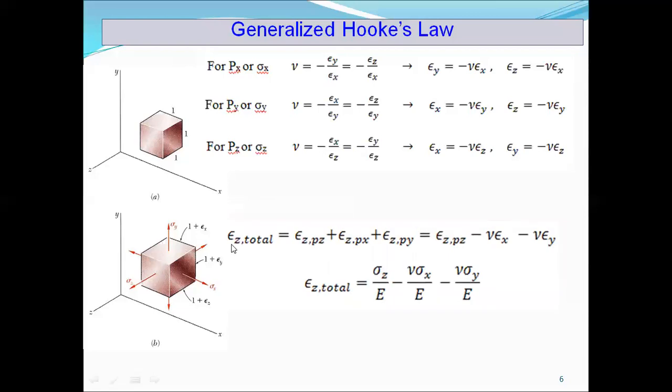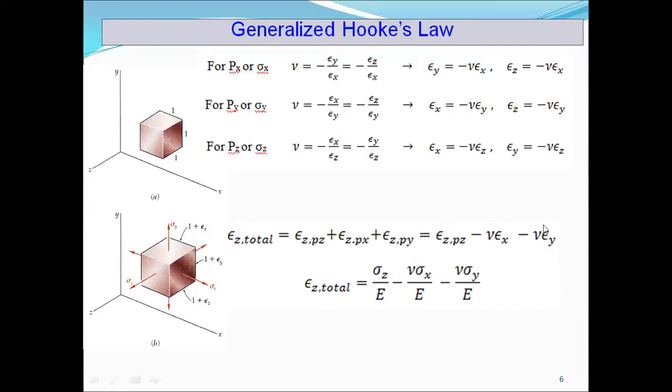Similarly, the total strain along z direction is epsilon z due to Pz plus epsilon z due to Px plus epsilon z due to Py. Epsilon z due to load Px is minus mu epsilon x, and epsilon z due to load Py is minus mu epsilon y.